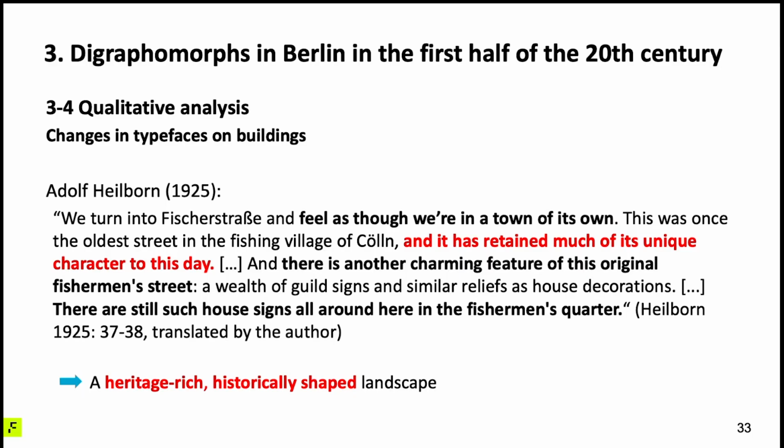However, a travel book by author Heilbron in 1925 described Fischerstraße as retaining its unique historical atmosphere, including decorative house signs. This suggests the street already had a heritage-rich character before the changes occurred.